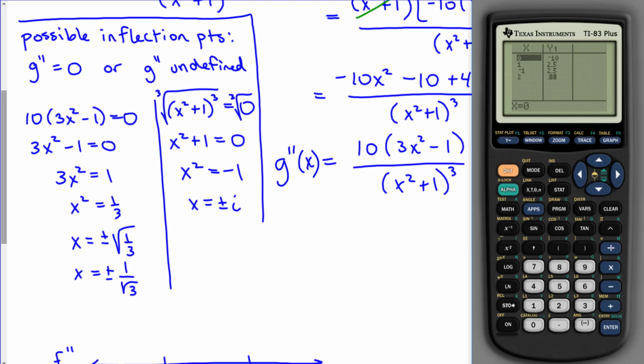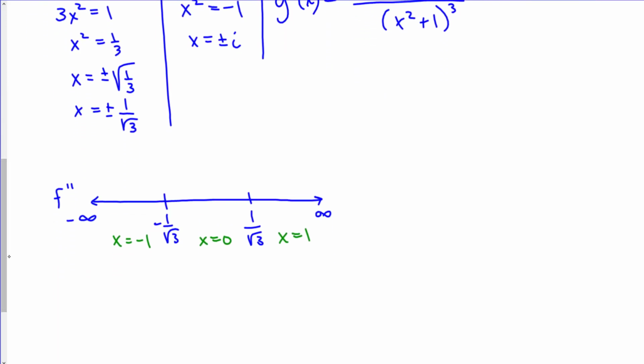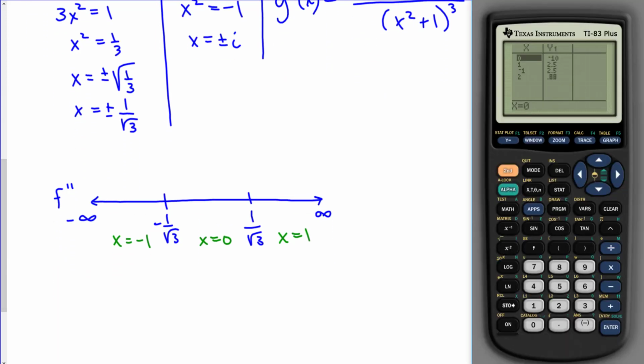And it looks like I've already got the ones that I'm interested in: -1, 0, and +1. So I'll just delete that one. So at 0, this evaluates to a negative number. At 1, it evaluates to a positive number. And at -1, it evaluates to a positive number. So that's all I need to know.